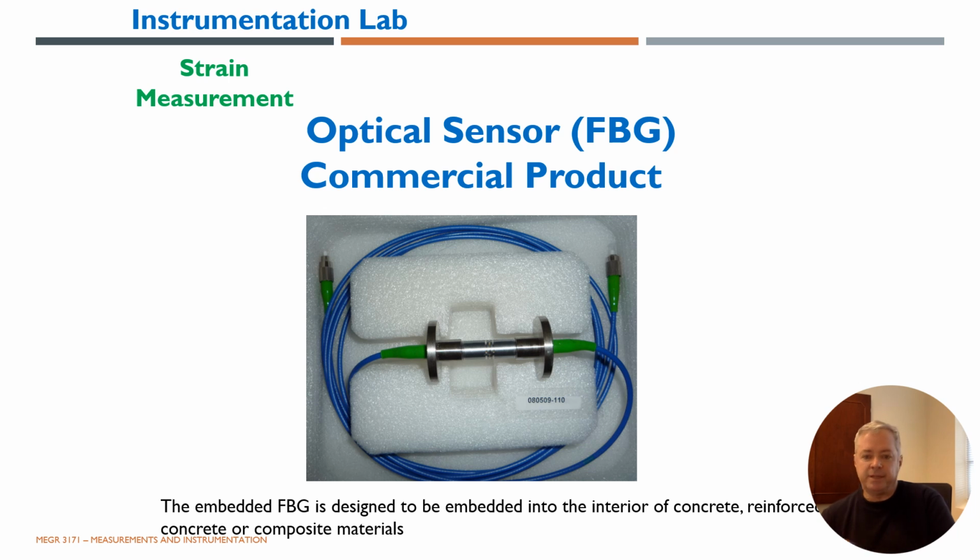So these aren't applied to the surface, they're actually inside, and you're measuring strain, what's happening inside the product. You see them a lot in concrete. They put them in roads, they put them in all kinds of different concrete structures, bridges, and we'll see some more applications.